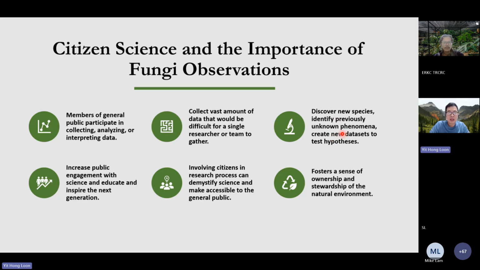So this is why citizen science is important. Citizen science also highly engages the public. This engagement is able to inspire the next generation or even young scientists, and at the same time foster a sense of ownership and stewardship of the natural environment.